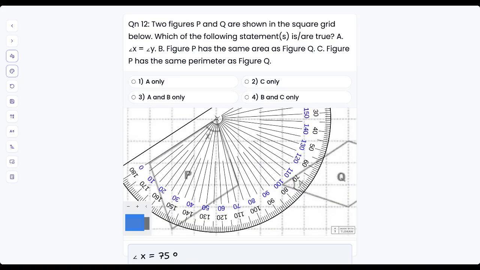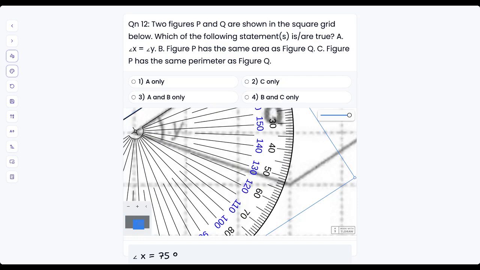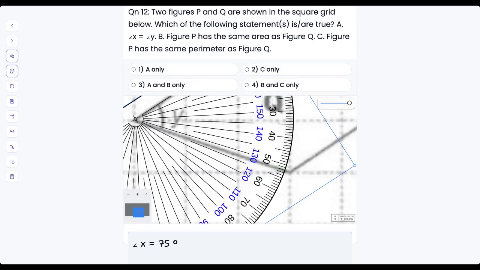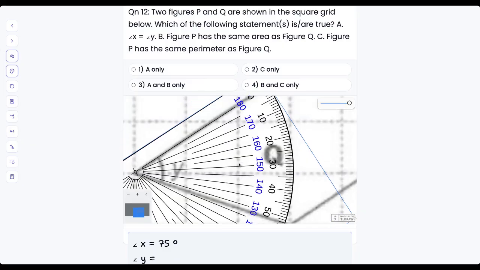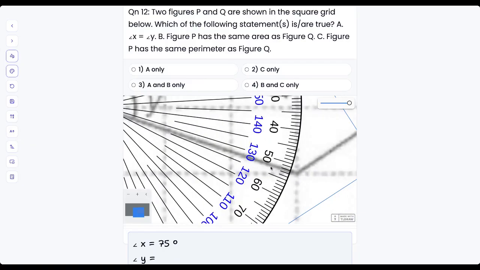Next, let's do figure Q. Sorry, not figure Q, angle Y. If you were to write here angle Y, what is it equal to? You see that it's very close to 50, but it's 50 plus.